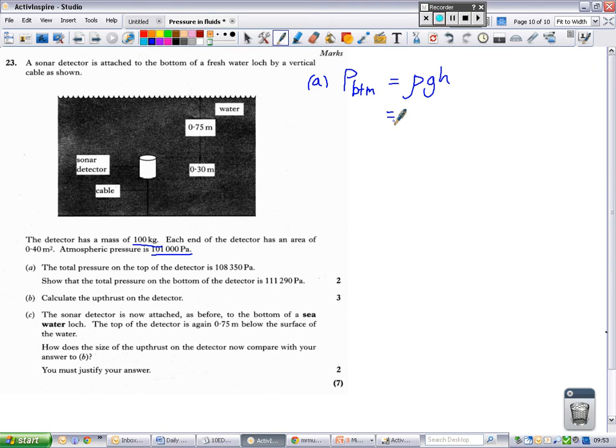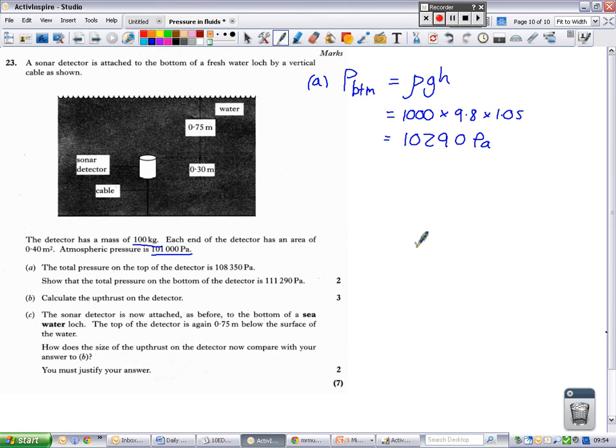I gave you that, it was 1,000 kilograms per metre cubed. g, as always, is 9.8, and the depth to the bottom surface is 0.75 plus 0.3, so therefore it's 1.05. So the pressure due to the fluid alone is 10,290.